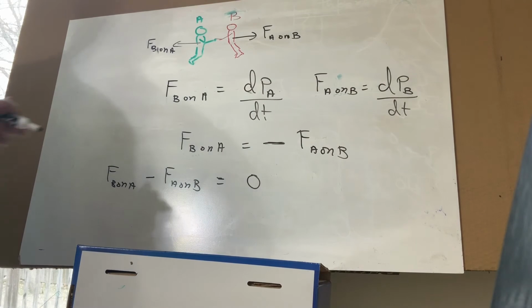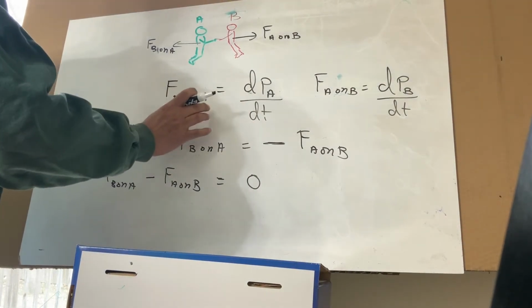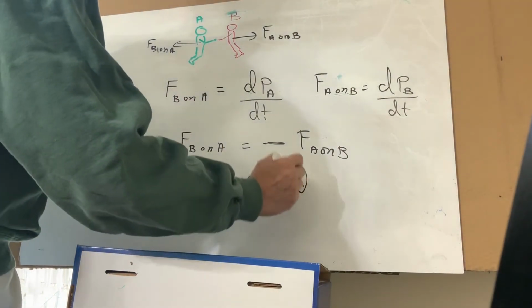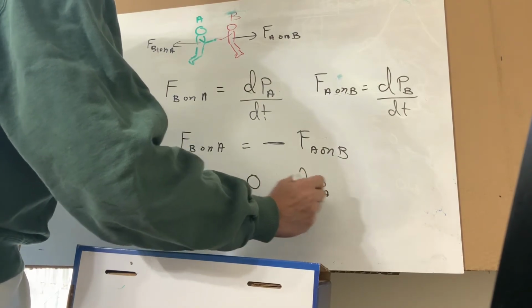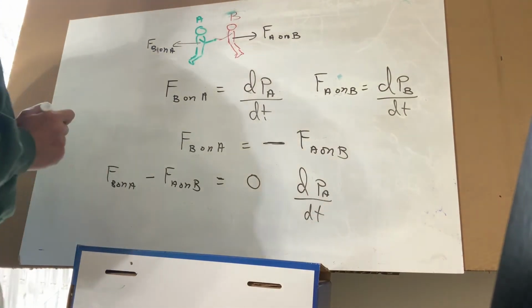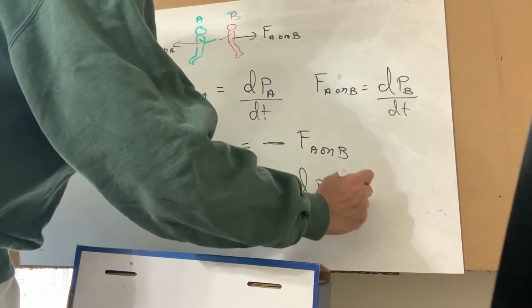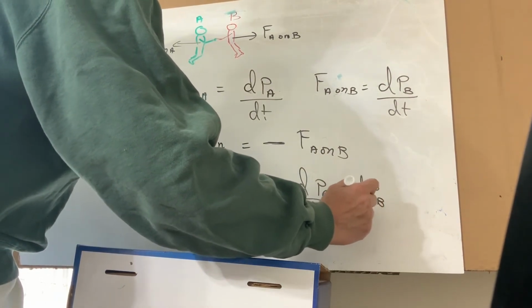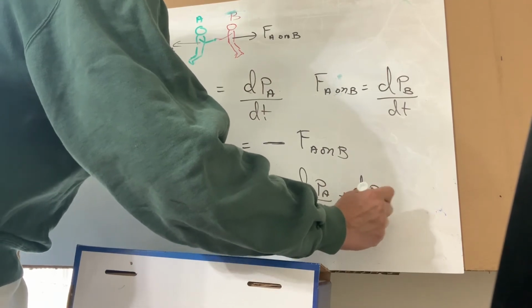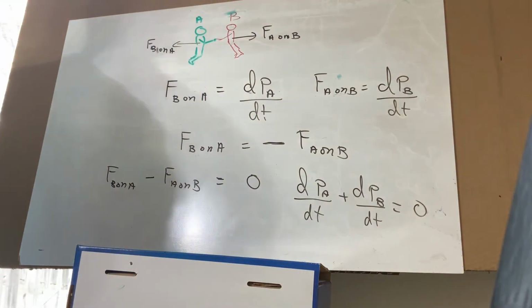So what does that mean? F B on A is dP A over dt, plus dP, the change in momentum of B in time, is equal to 0, right?